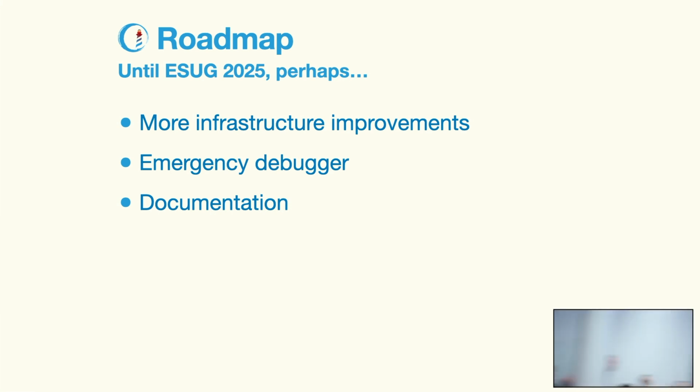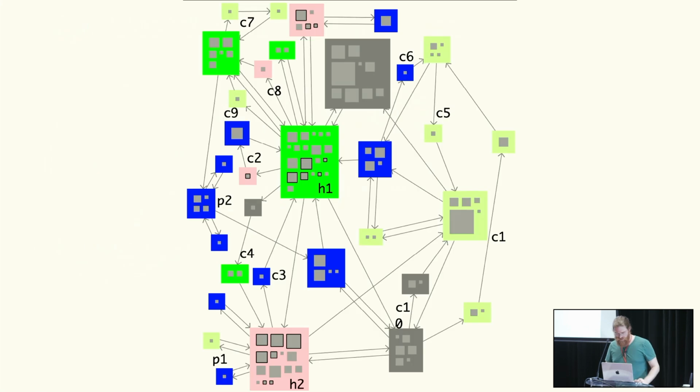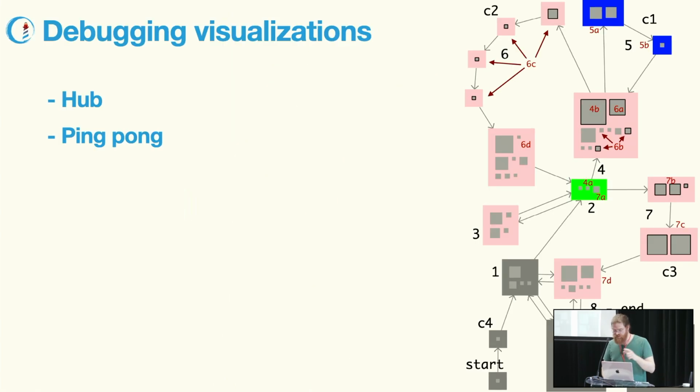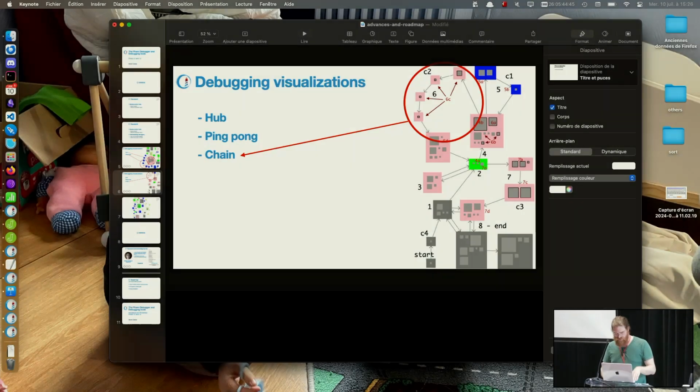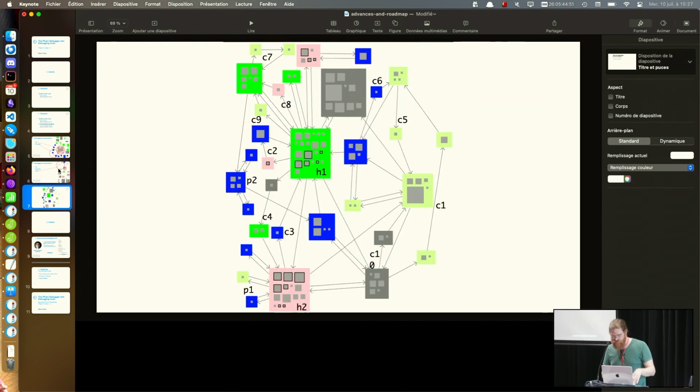Also, this visualization. So, for instance, this one is someone debugging the same bug as this one. This one is an expert.